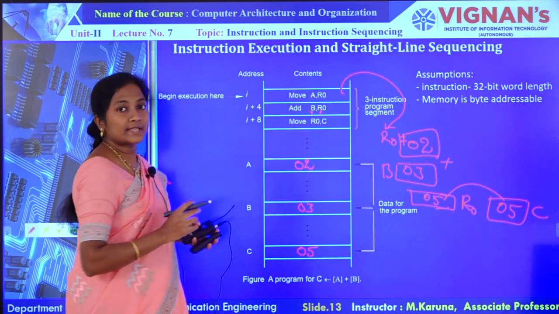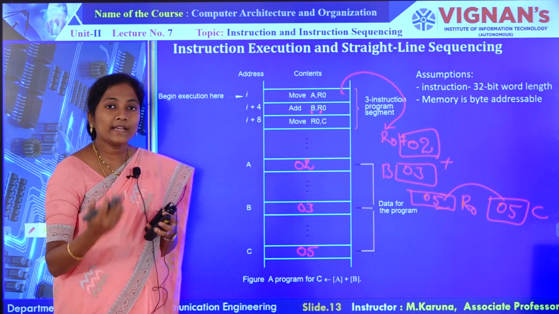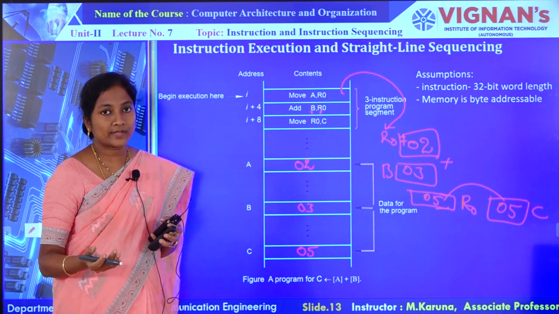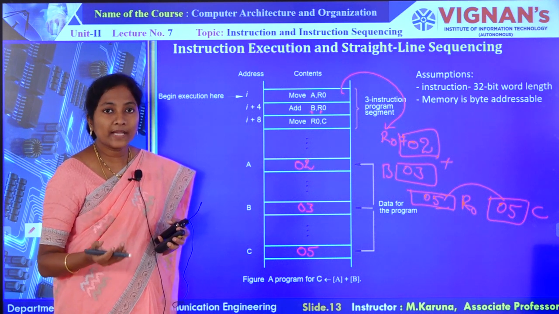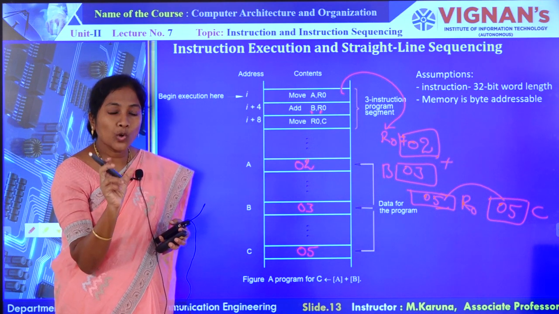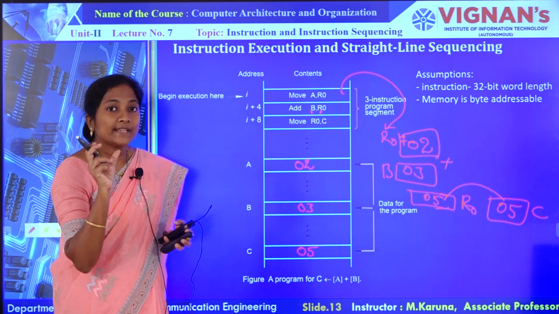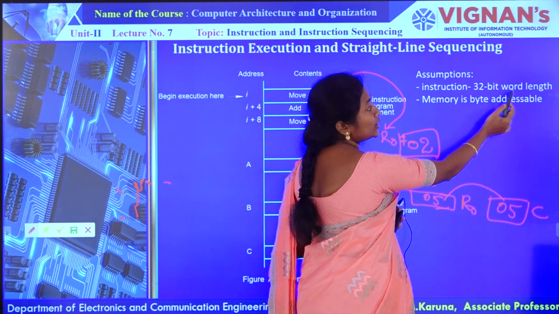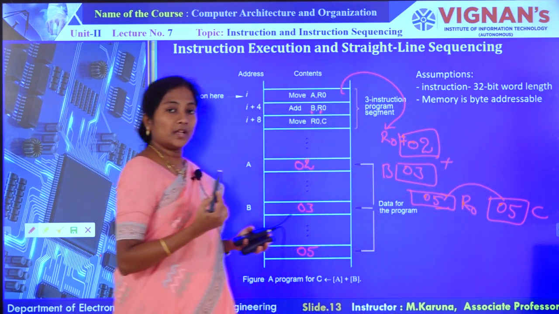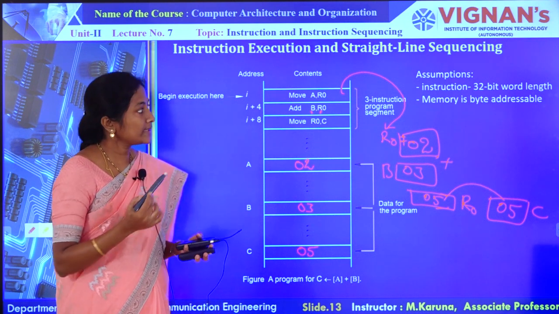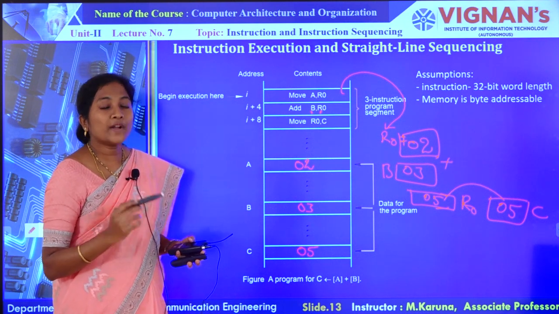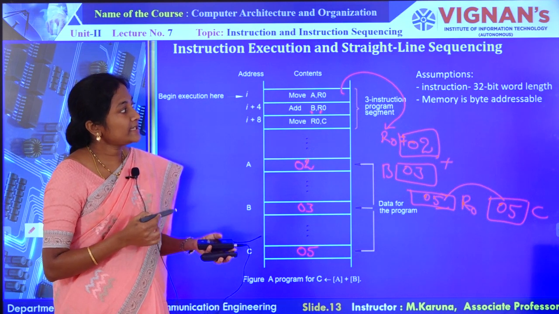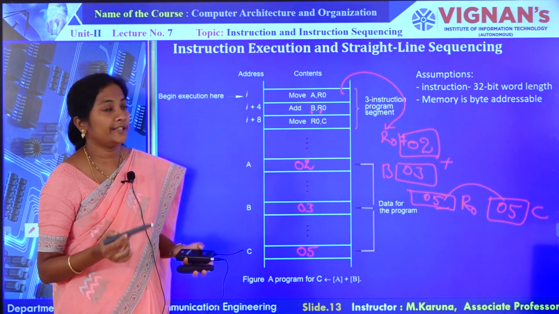Okay, these instructions will be translated into machine codes with the help of assembler software. So, that machine code length is 32-bit. Here instruction is 32-bit word length. That is what we can say, instruction is 32-bit word.